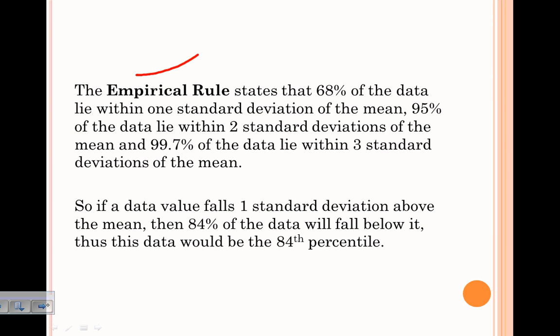So here if I have this density curve with the mean in the middle, it says that 68% fall within one standard deviation. So if I add the mean plus one standard deviation and subtract one standard deviation, 68% is within there. 95% of the data lie within two standard deviations of the mean. And 99.7% of the data lie within three standard deviations of the mean.